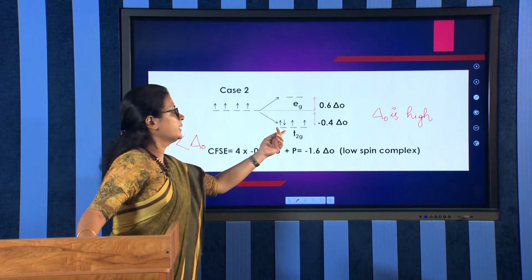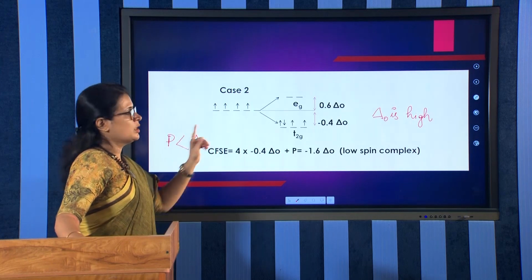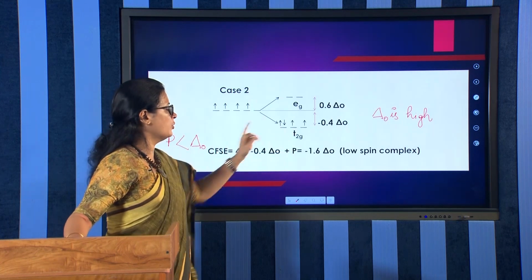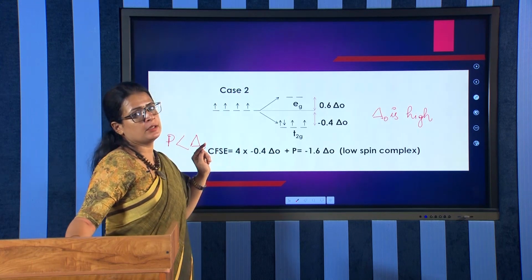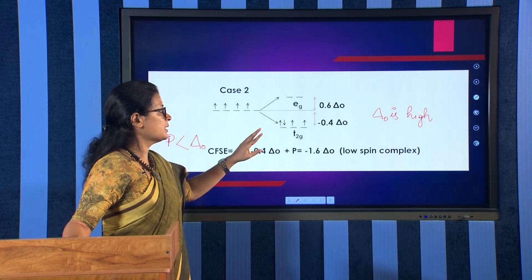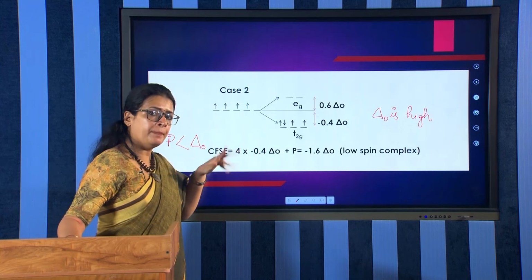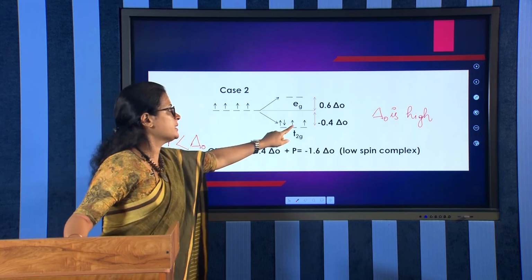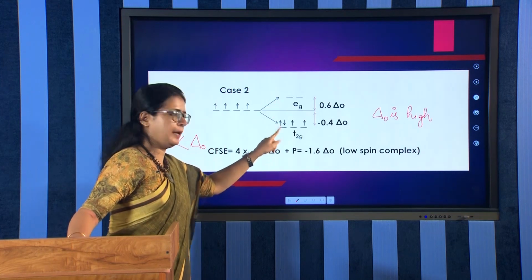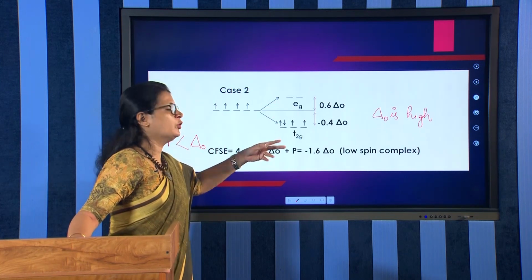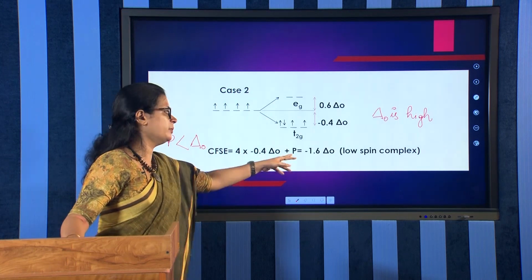How many electrons are there in T2G set? 4 electrons. So, 4 into minus 0.4 delta O plus we have to include the pairing energy. Why? Pairing energy means it is the energy needed to pair the fourth one, otherwise it could go there, right? So, instead of going there, we are pairing this fourth one. So, we have to overcome that energy also, that should be added here.